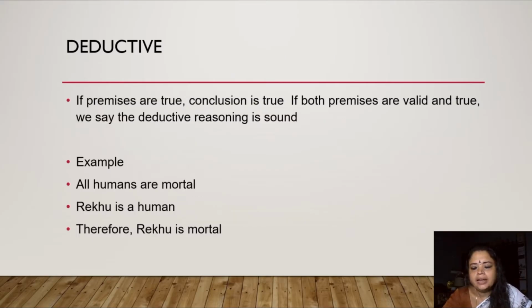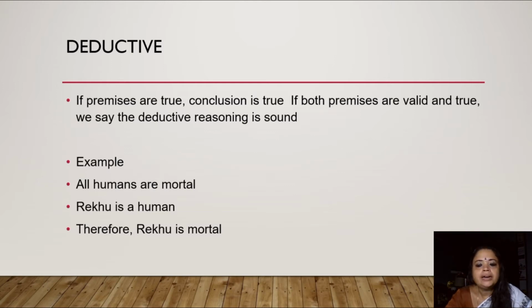One of the characteristics of deductive reasoning is that if the premises are true, then the conclusion is true. In the case of immediate reasoning, we have only one statement, whereas in mediate reasoning we have two statements. If both statements or premises are valid and true, we say that the deductive reasoning is sound.